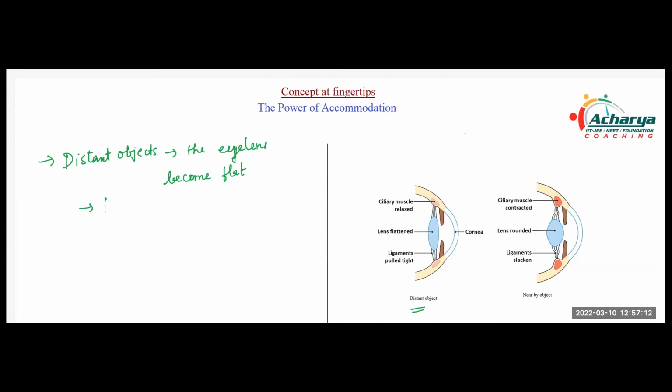This is because the ciliary muscles relax, so the focal length of the lens increases.